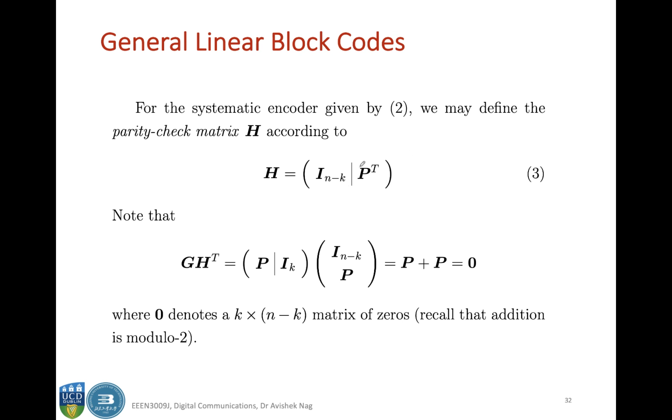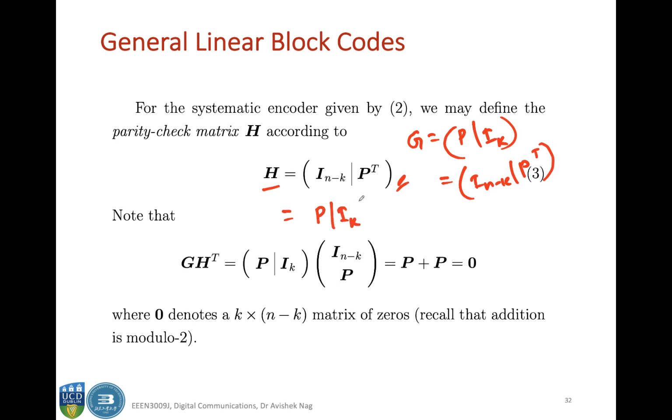So you can see, if your G is like this, then your parity check matrix is like this. You can have your G also as this, as I just said. So in that case, your parity check matrix will be like this. Okay. So these two are complements of each other.